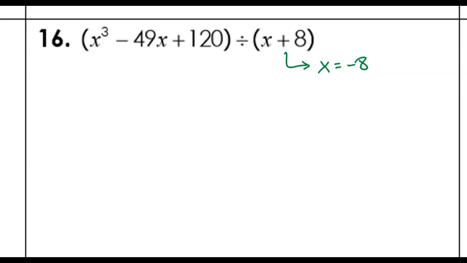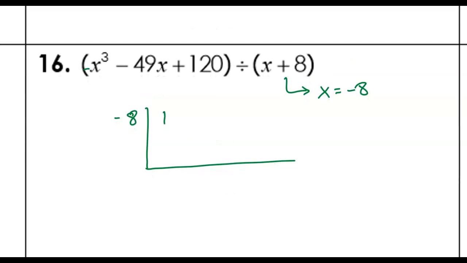We just set that equal to 0, subtract 8 over. So I create my division house, and I'm dividing by negative 8. My first term's coefficient is 1. Now notice here, it is skipping over the x squared term. It goes from x cubed to the plain x. There is a missing term here.